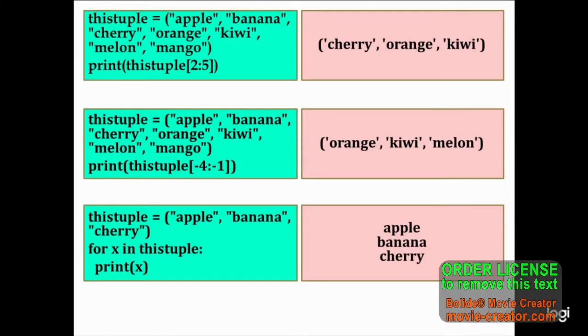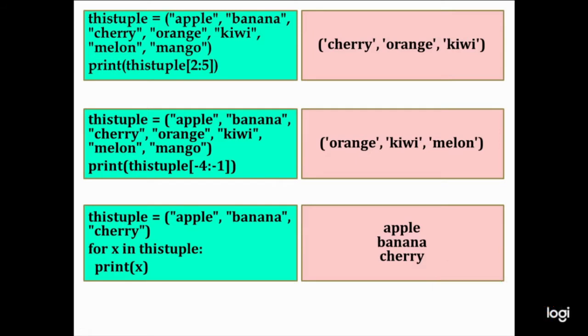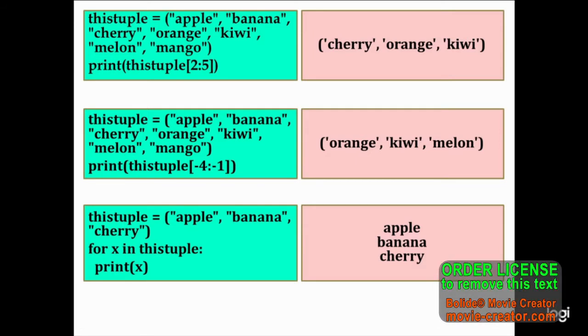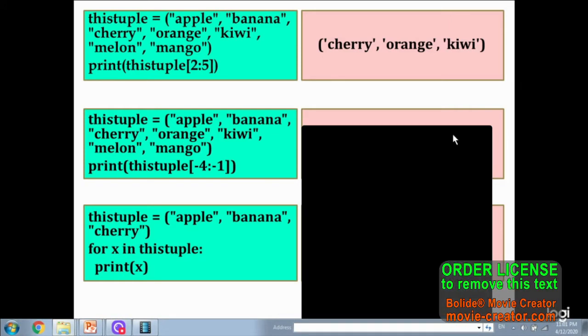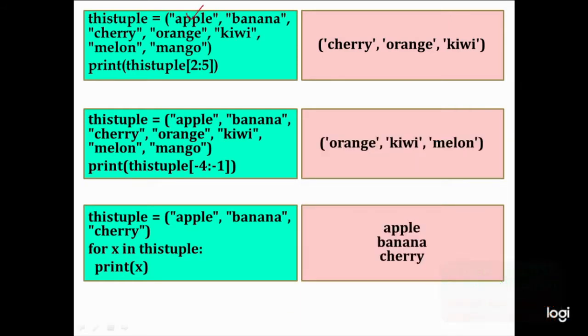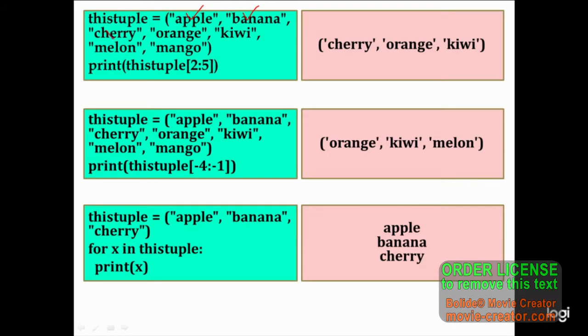Let me show more examples of tuples. Here you can see the tuple having 7 items with indexing up to 6 and negative indexing up to -7. Elements are apple, banana, cherry, orange, kiwi, melon, mango.